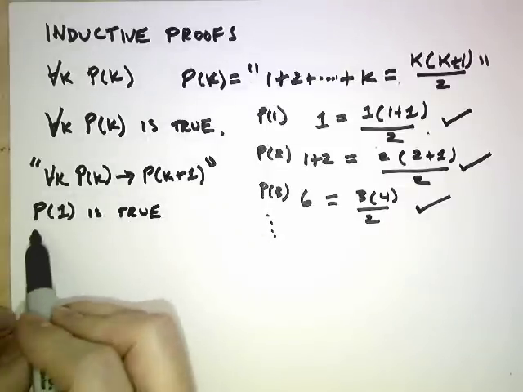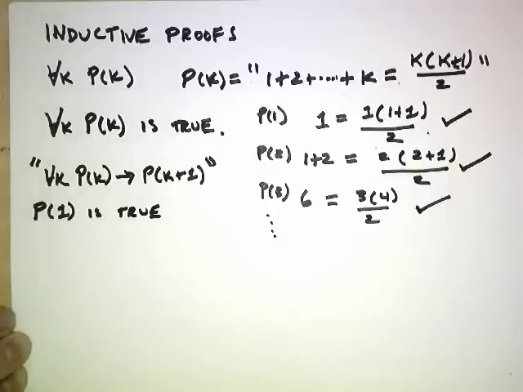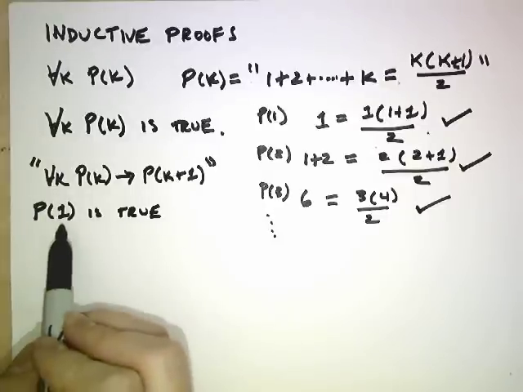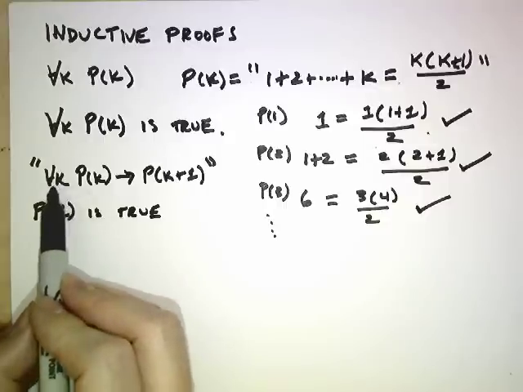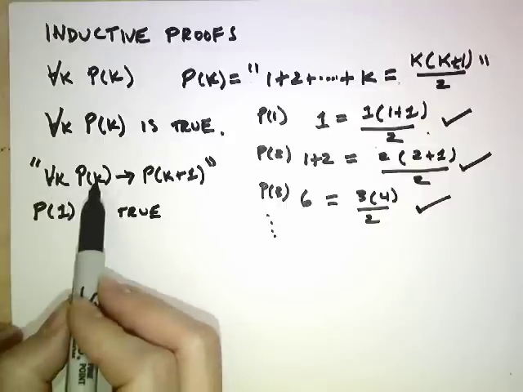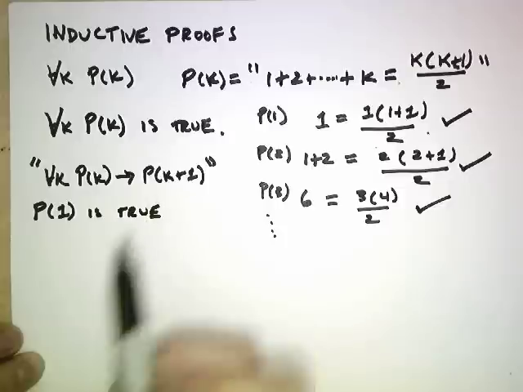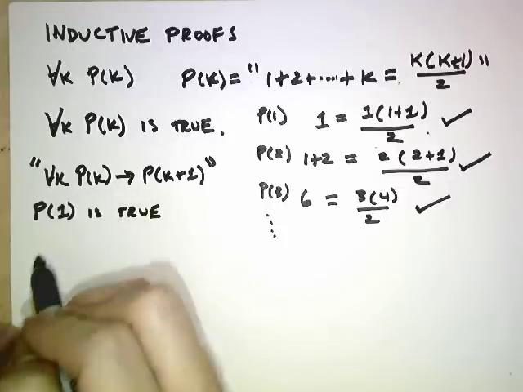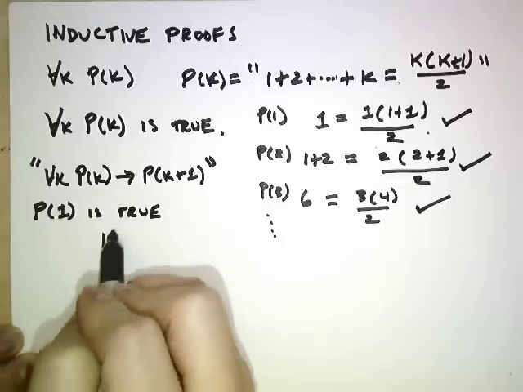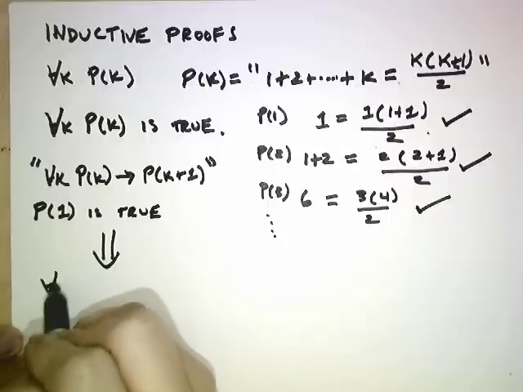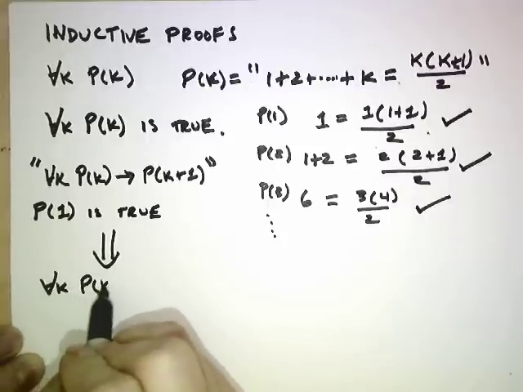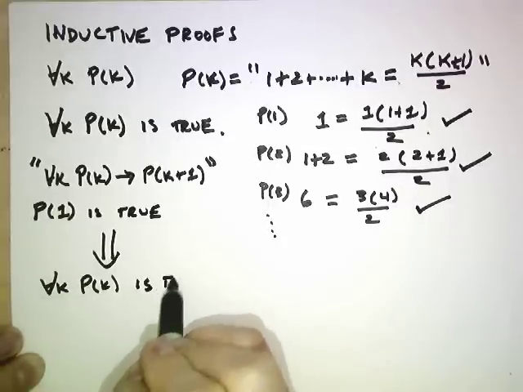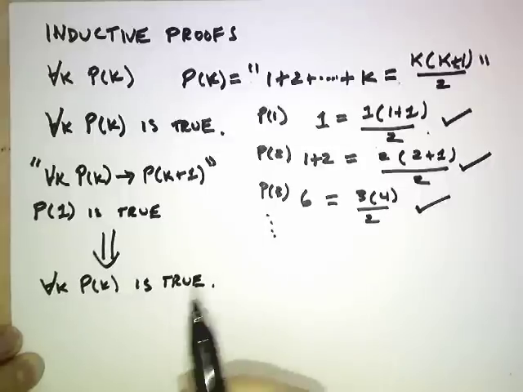So now let's say that we succeeded in this strategy. We were able to show that P of 1 is true, and we were able to prove that for all k, P of k implied P of k plus 1. Well, then we can conclude from this that for all k, P of k is true. Why is that?